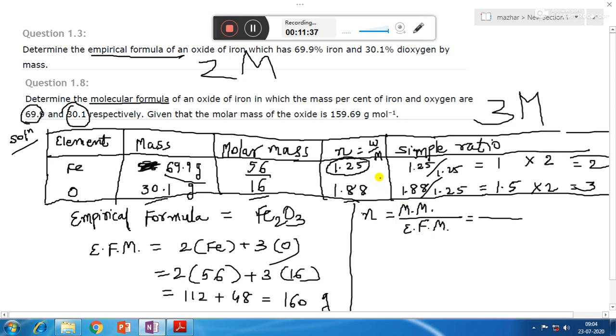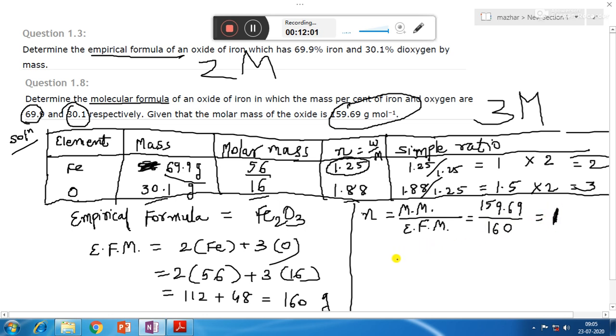In the question, molar mass of oxide is given as 159.69, so that will be in the numerator. And empirical formula mass we have found is 160. Both numerator and denominator are nearly the same, so n will be equal to 1.